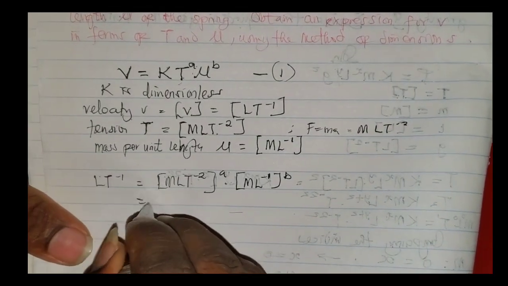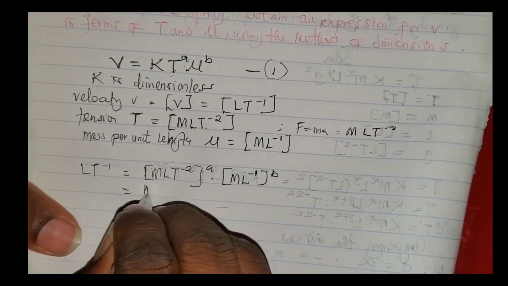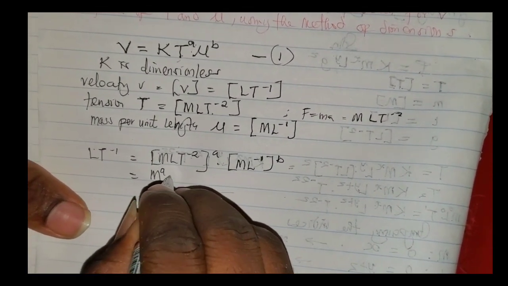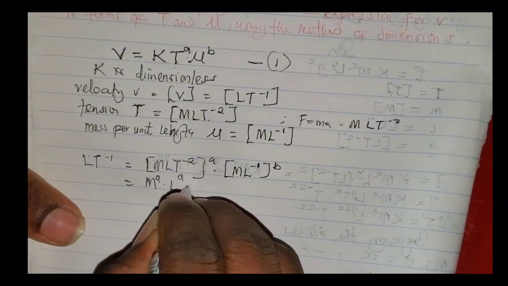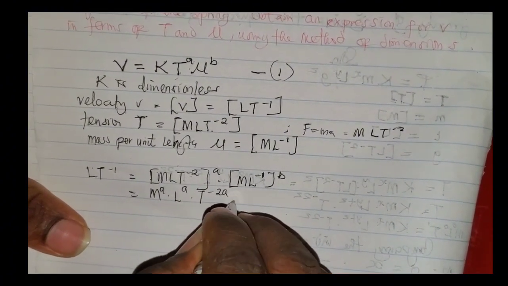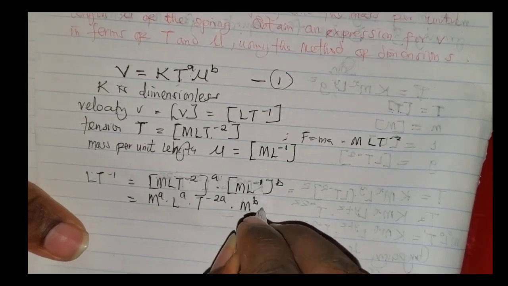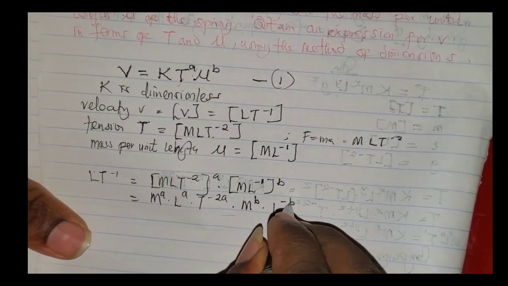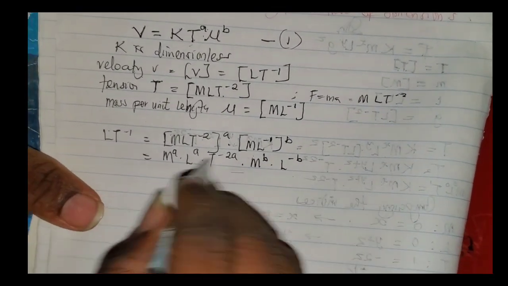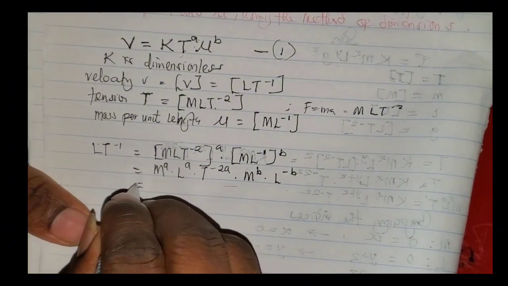So we open up the brackets: M^a L^a T^-2a times M^b L^-b. Then we collect like terms.